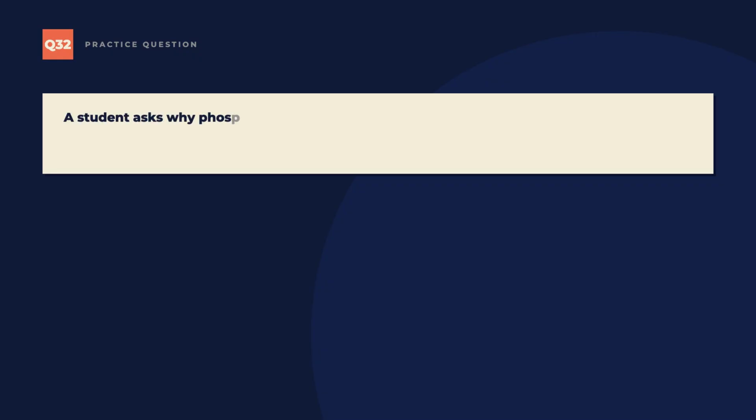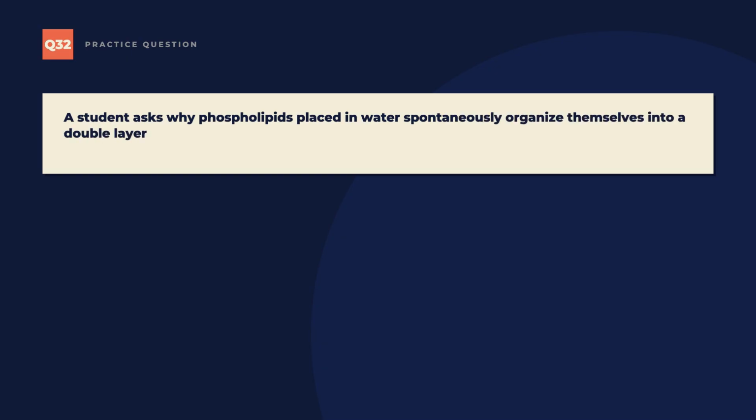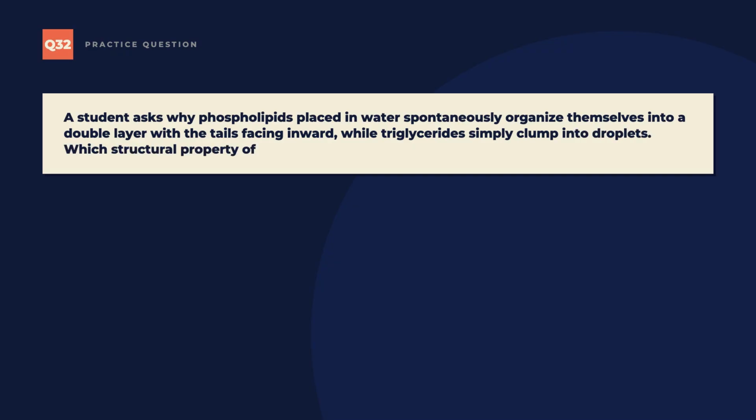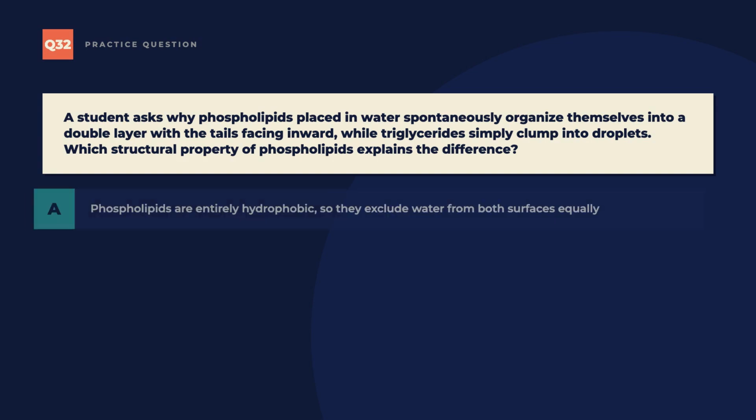Question 32. A student asks why phospholipids placed in water spontaneously organize themselves into a double layer with the tails facing inward, while triglycerides simply clump into droplets. Which structural property of phospholipids explains the difference? Your options are: A. Phospholipids are entirely hydrophobic, so they exclude water from both surfaces equally.